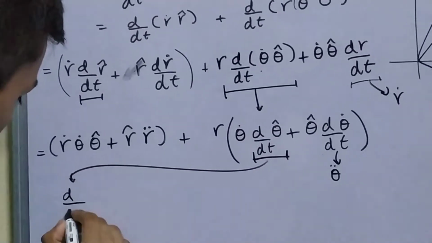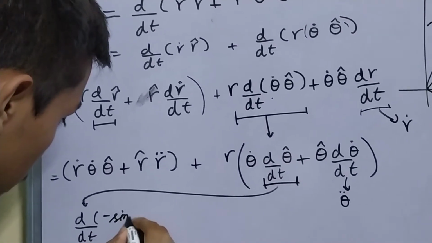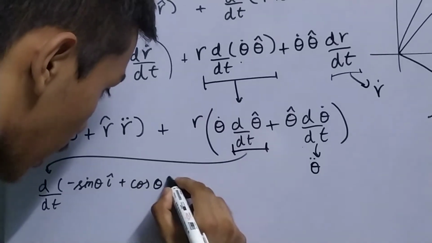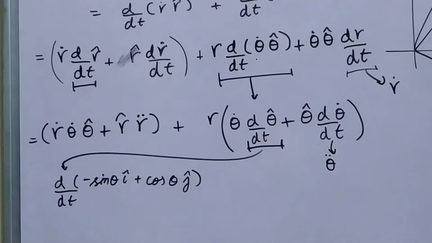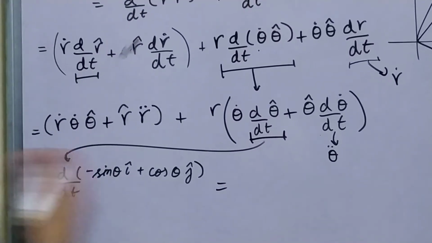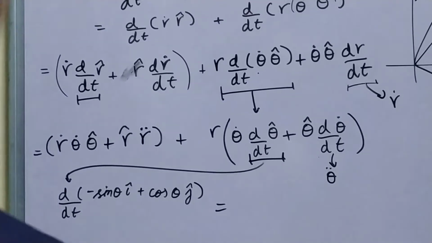So d by dt of minus sine theta i cap plus cos theta j cap, and like I did in my previous video, theta is also a function of time, so you cannot pull sine theta or cos theta out of the differentiation, okay.